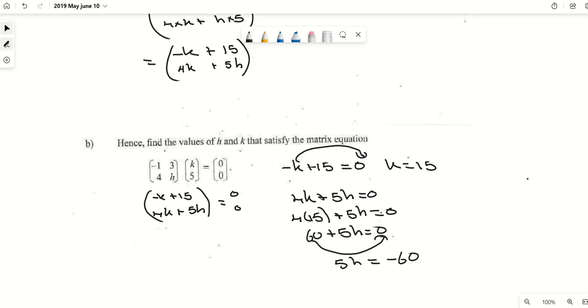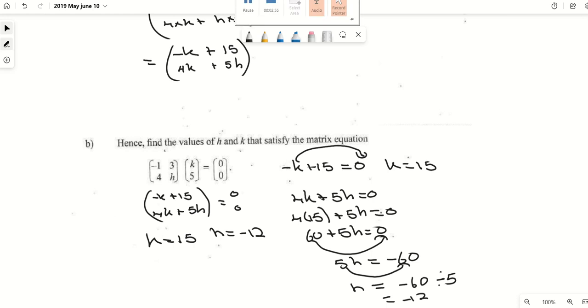The relationship between 5 and H is multiplication. So if you carry across multiply by 5, it'll turn to divide by 5. So H is minus 60 divided by 5, which is equal to minus 12. So K is equal to 15 and H is equal to negative 12. And that would be your answer for H and K.